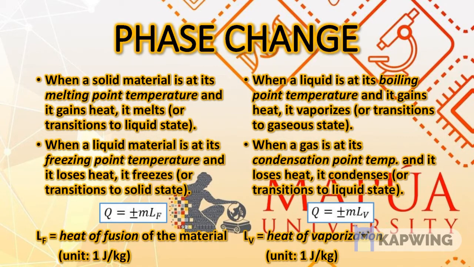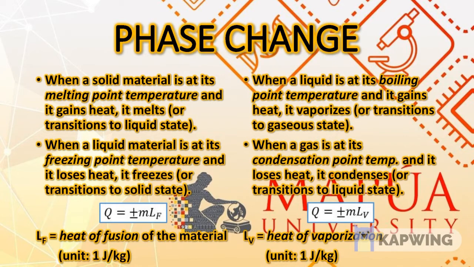So for solid to liquid and liquid to solid transitions, the object must be at the right temperature and it must either lose heat or gain heat for the transition to happen.